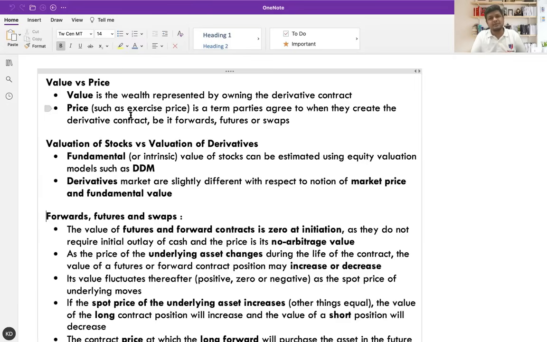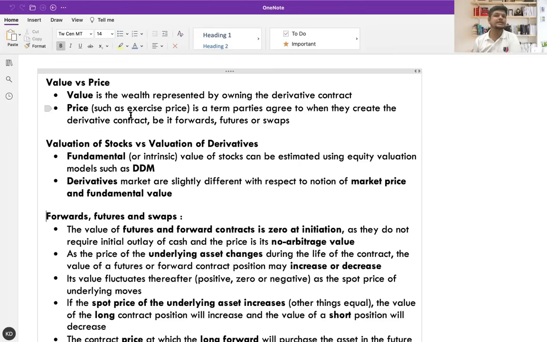But will this be the case always? Which means that after today, let's say the contract is for 3 months. So after 1 month, will the position be the same? Will the price be constant? No. Either it may increase or decrease. If it increases, the long makes some money, right?